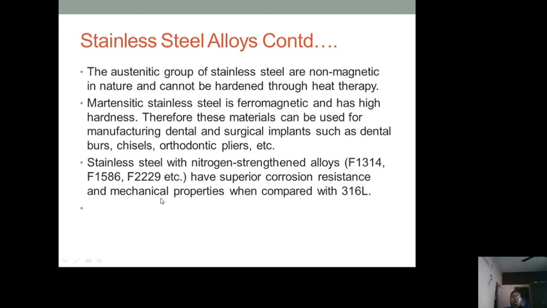So, depending on the place of implant, depending on the type of implant, and depending upon the stress and strain experienced by the implant, you would either choose 316L, or you'd choose martensitic stainless steel, or you'd choose nitrogen strengthened alloy based stainless steel. And it totally depends upon your application, what application you're using it for.